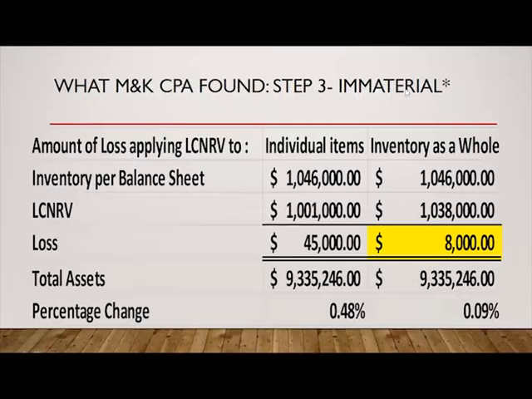This slide shows how our team compared the individual items to inventory as a whole. Regardless of choosing to evaluate items individually or as a whole, one can see that either method results in an immaterial change in total assets.